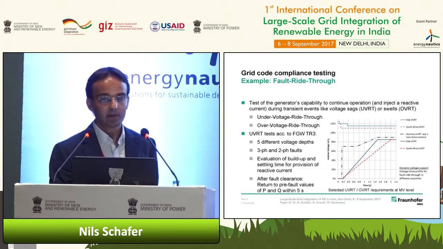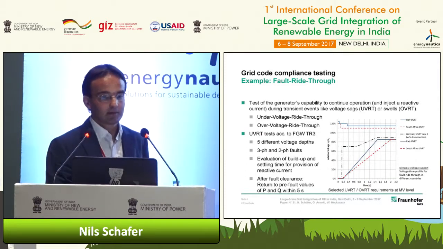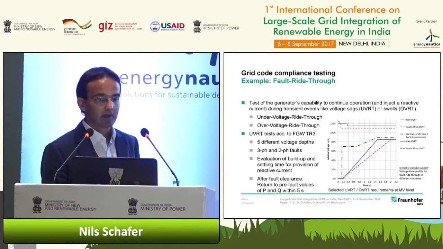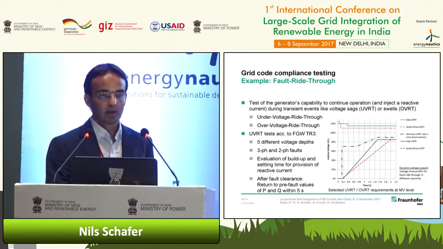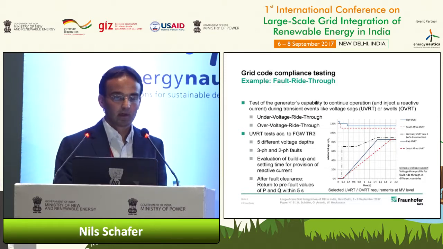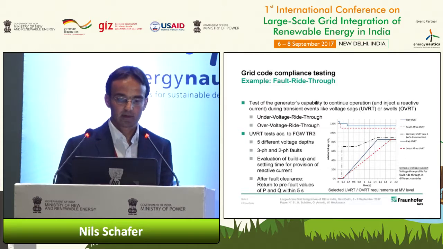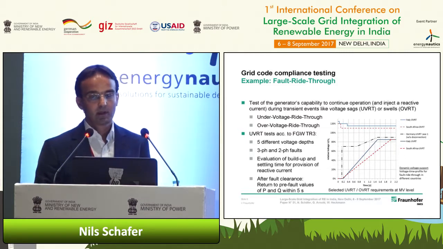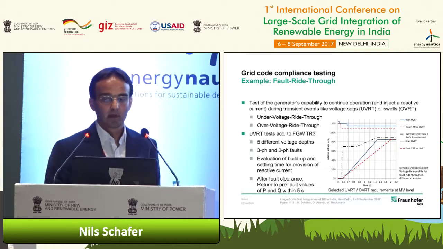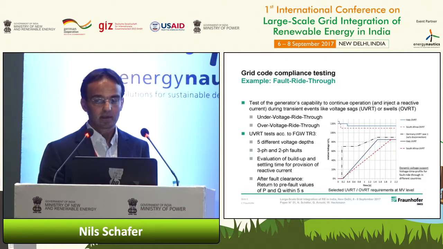As an example, I would like to talk about fault ride-through. Fault ride-through is divided into undervoltage ride-through, also known as LVRT, and overvoltage ride-through. Overvoltage ride-through is a quite new requirement. On the right side, you can see different international requirements. There are more, of course.